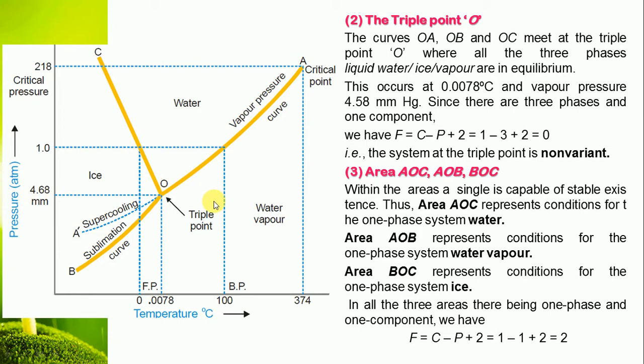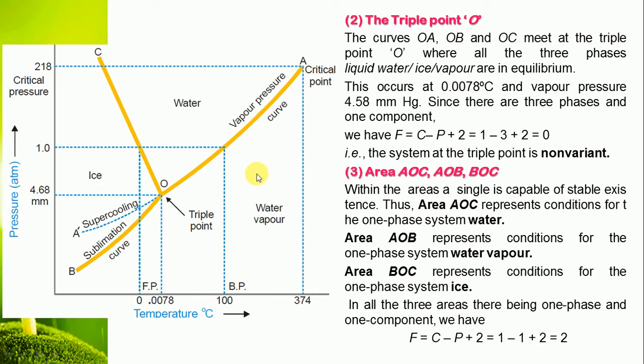But you can imagine that there are lots of points here. For example, this point may have 150 degrees Celsius temperature, and it has a pressure maybe greater than 4.68. I don't know exactly what the pressure will be, but it might be greater than 4.68.